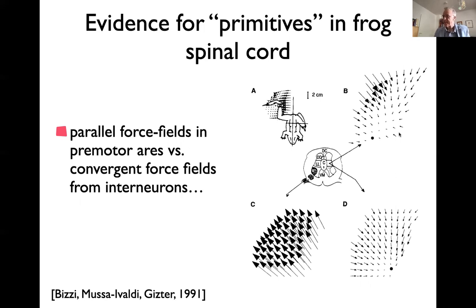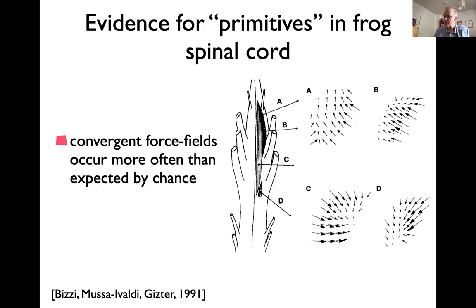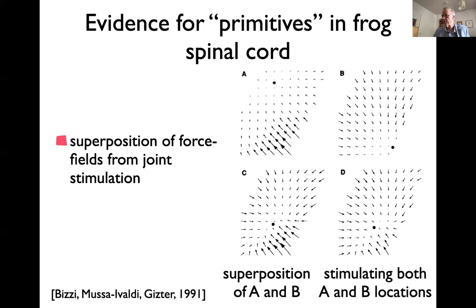So one can discuss a little bit how valid that is, but they have some statistical technique where they ask, are these convergent vector fields just by chance? And then they have some argument that it's more often than by chance, so there must be something special about convergence. And so from this, the notion arose that these vector fields could be some kind of primitives.